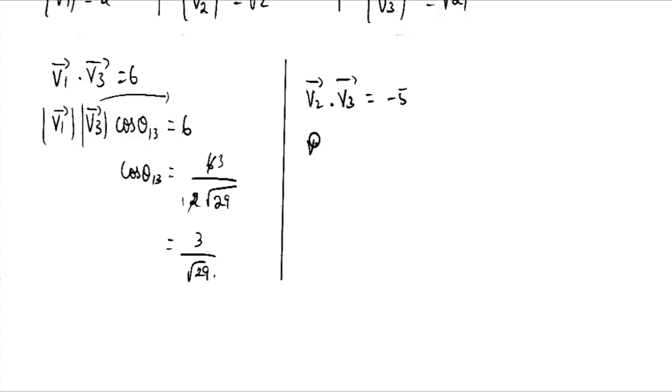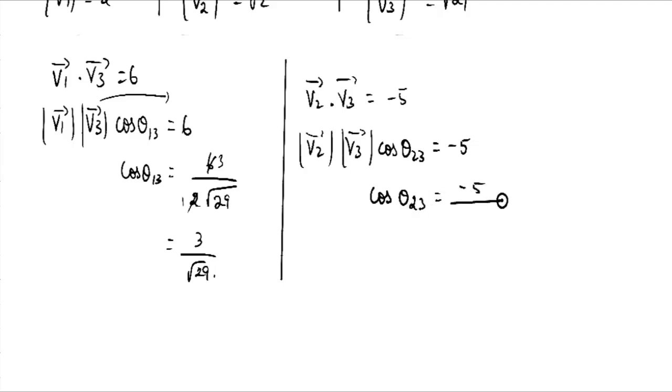So I'm going to substitute here: the magnitude of v2 times the magnitude of v3 times cos theta 23 equals minus 5. So cos theta 23 equals minus 5 divided by the magnitude of v2, root 2, and the magnitude of v3, root 29. Both are root values, so I'm going to multiply 29 into 2, which equals 58. So root 58. Okay students, so this is the value for 2 and 3.